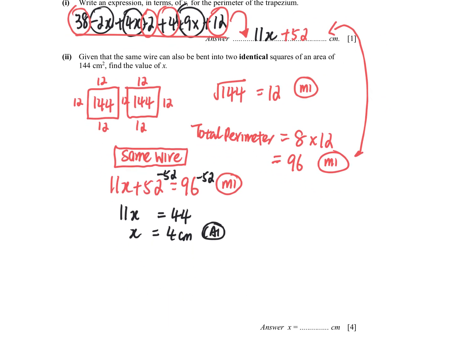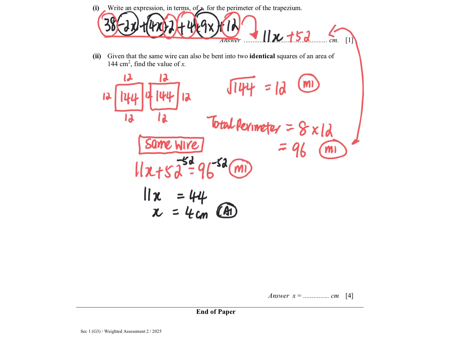Okay, there is, however, a group of you who think that the wire cannot break into 2. So you say, if I fold it up, then it's 2 connected squares. If I were to bend it up, you think that there are only 6 sides.